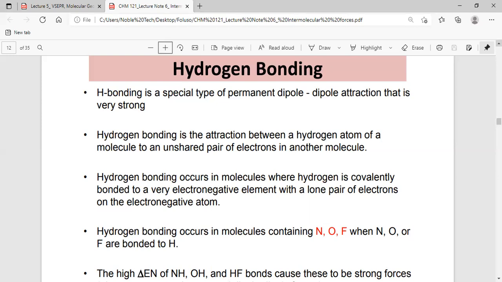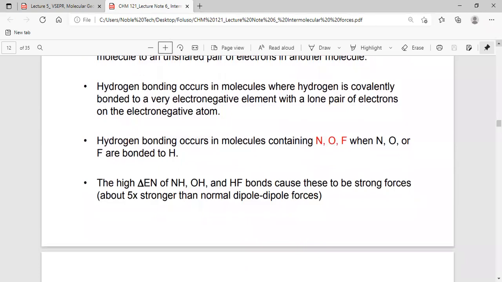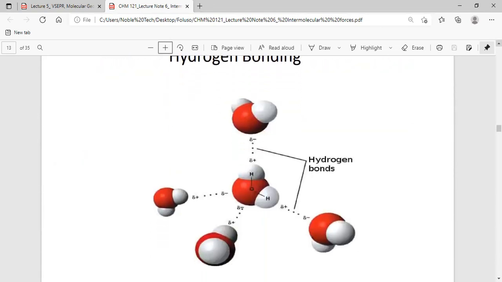So the high electronegativity of nitrogen, oxygen, and fluorine in hydrogen bonds with them will cause you to have about 5 times the dipole-dipole moment of the normal dipole-dipole moment. And as a result of that, you have a formation of hydrogen bond.